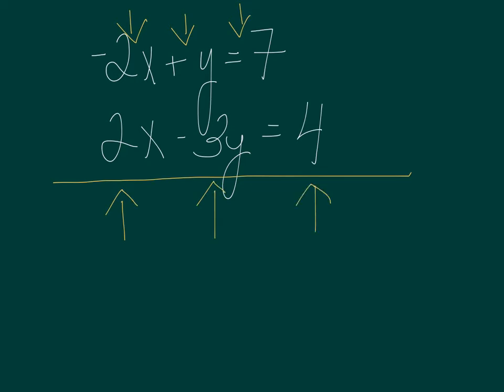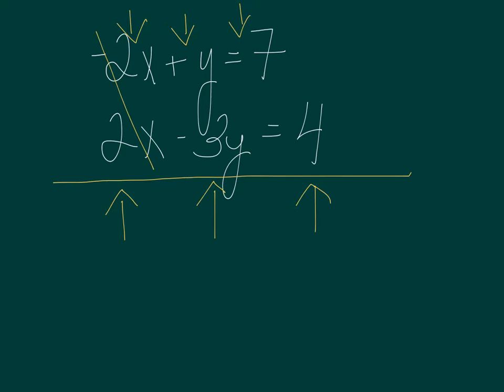We definitely want to make sure we have our like terms lined up. If we combine our x terms, we get 0 x's, and that's pretty much why I would have gone with the elimination method in the first place, because these terms cancel out, leaving us no x's.